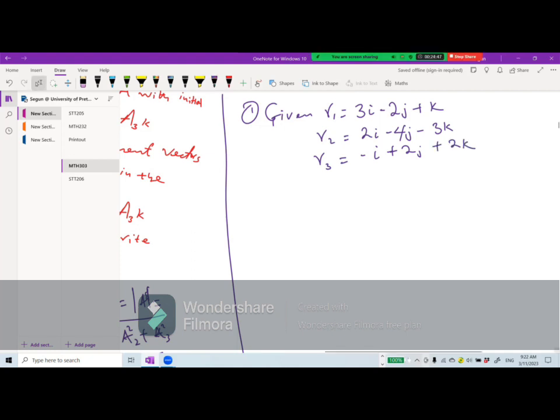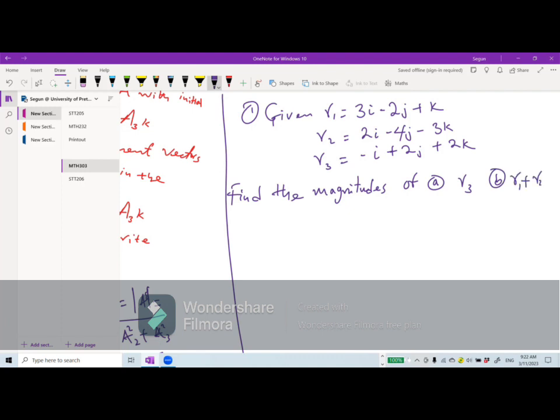So we are asked to find the magnitude. Find the magnitude of A, R3; B, R1 plus R2 plus R3; then C, to find 2R1 minus 3R2 minus 5R3.